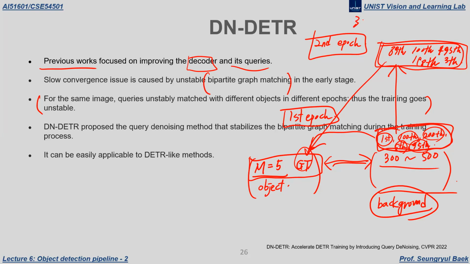And in the third, it also changes, right? Then the training becomes unstable. That's the thing this paper is pointing out.